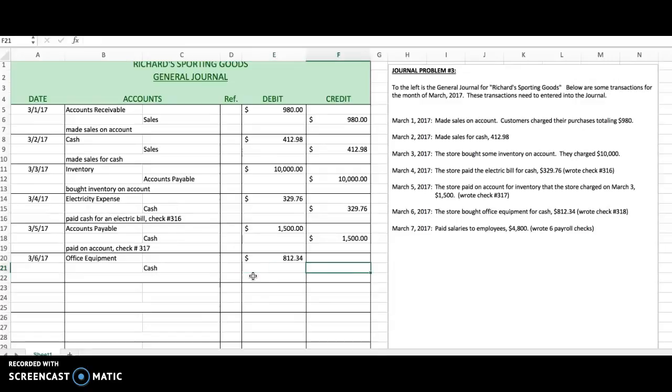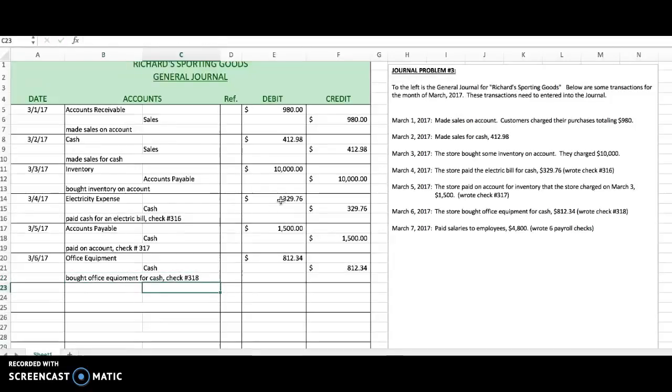Asset account goes down because we pay cash, and by the same amount, $812.34. Okay. So description: bought office equipment for cash. Check number 318. So that's our description.